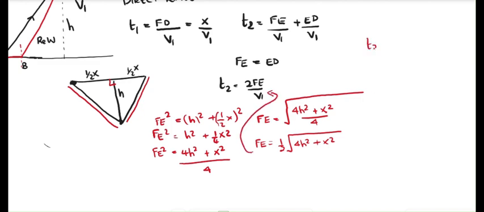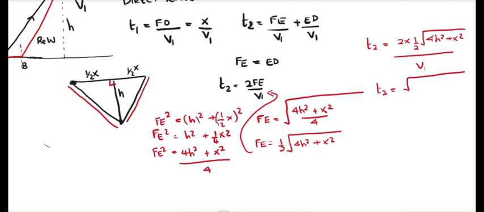So I can say that T2 is equal to 2 multiplying the expression 1 over 2 multiplying the square root of 4h squared plus x squared, over V1. I can see that T2 is equal to the square root of 4h squared plus x squared over V1.